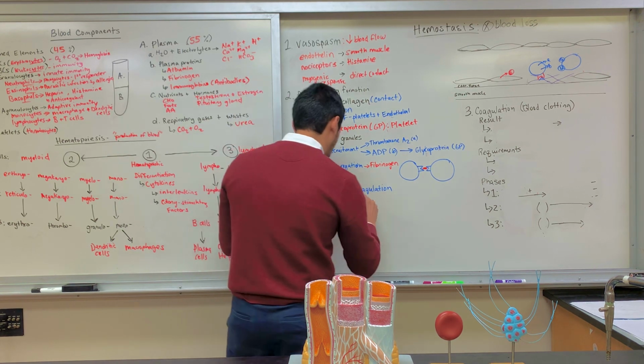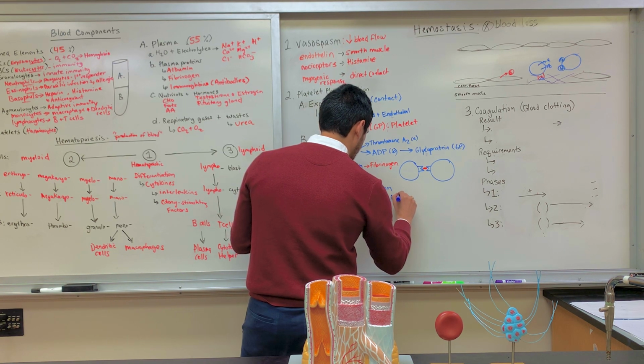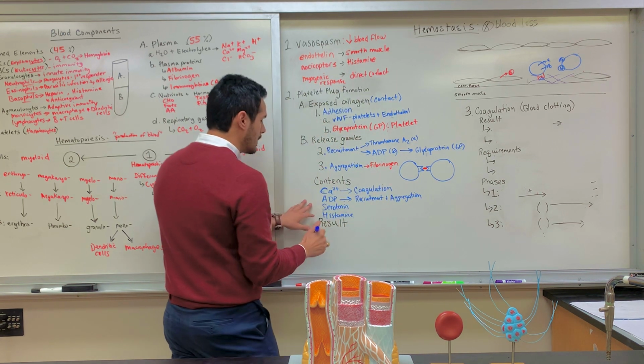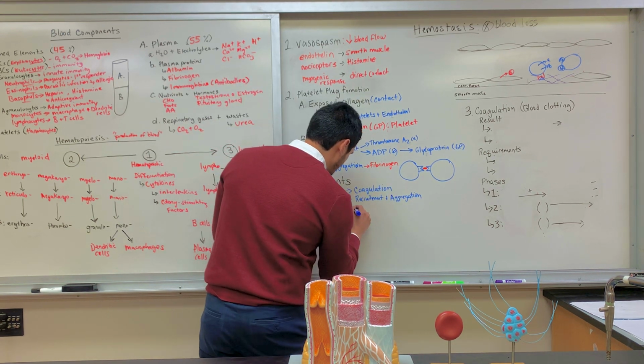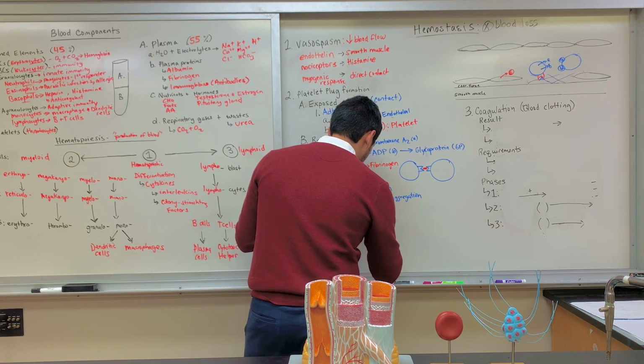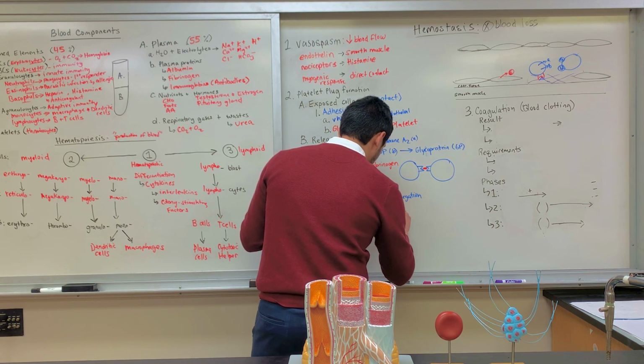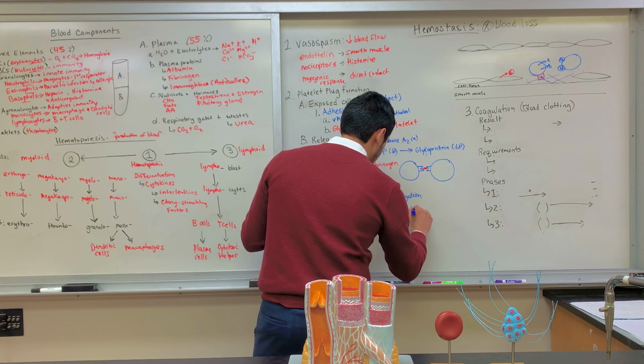ADP is important for recruitment and aggregation. And the bottom two, serotonin and histamine, both of these help to increase vasoconstriction, or vasospasm.